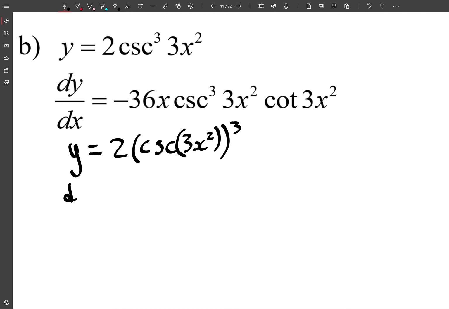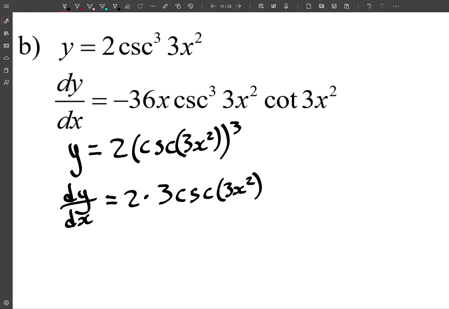Then when I go to take my derivative, I've got 2 out front there, times, well, I bring down the 3, the exponent comes down, cosecant of 3x squared, and all of that is still squared.